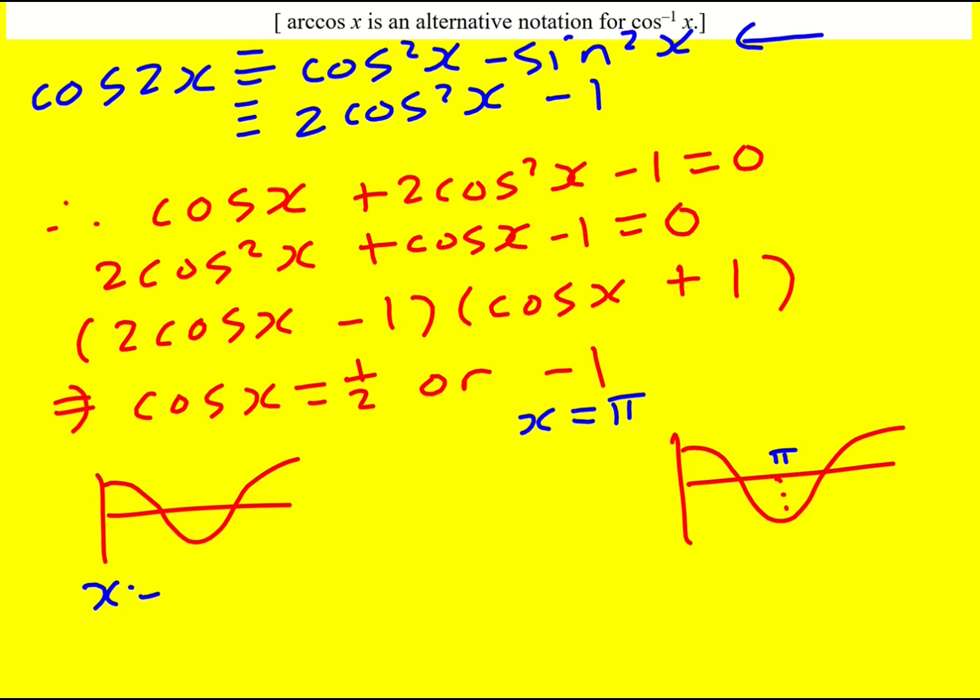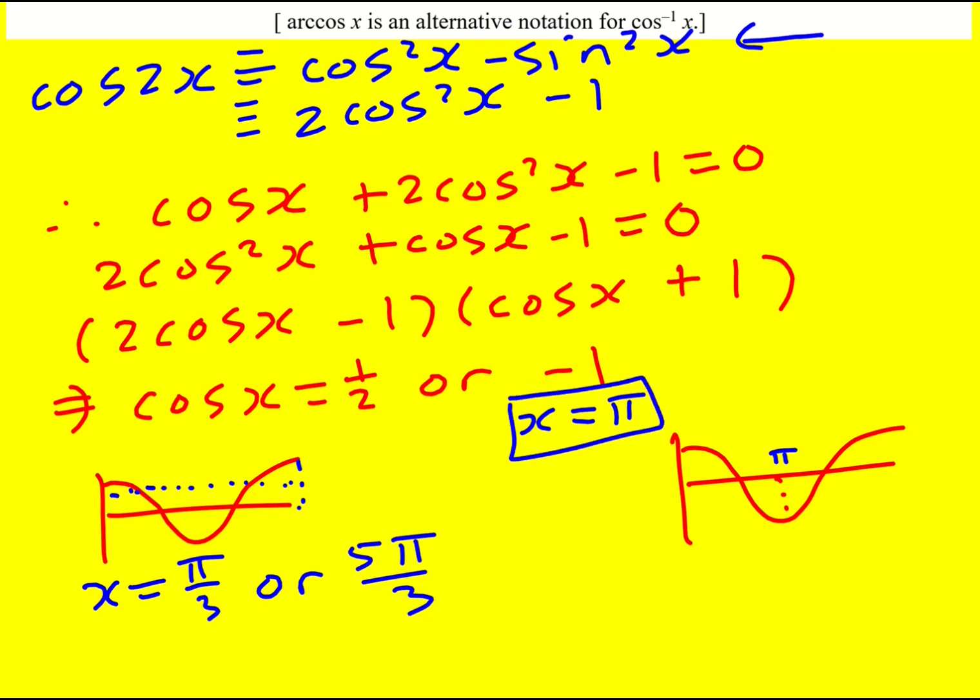So x is going to equal pi over 3. That will give me this result here. But by symmetry, I can do 2 pi minus pi over 3. 2 pi is 6 pi over 3, so it's going to be 5 pi over 3. So those are all my solutions. I could write them all out, but I'm just going to put a box around them. That's good enough.